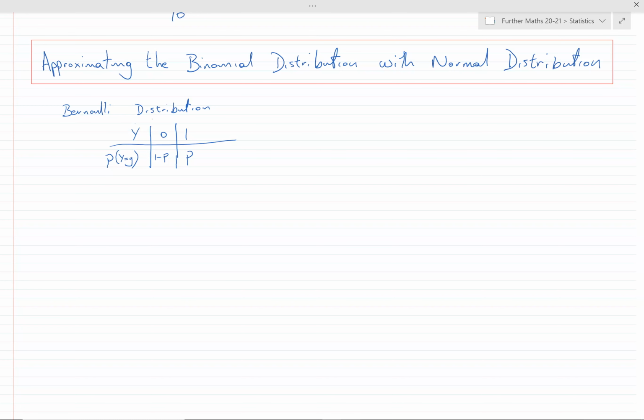Now the binomial, with n trials and probability p, is basically a combination of n lots of this.